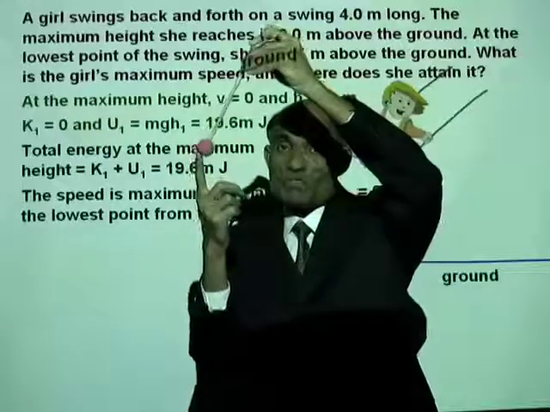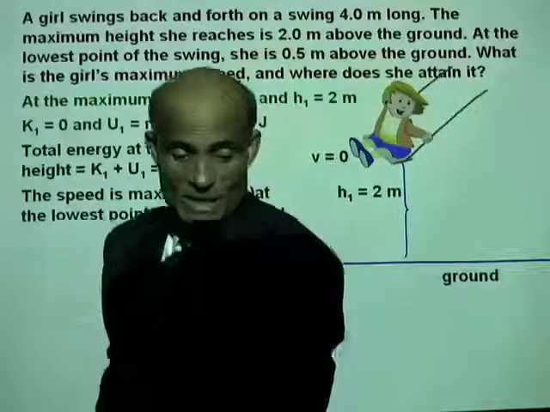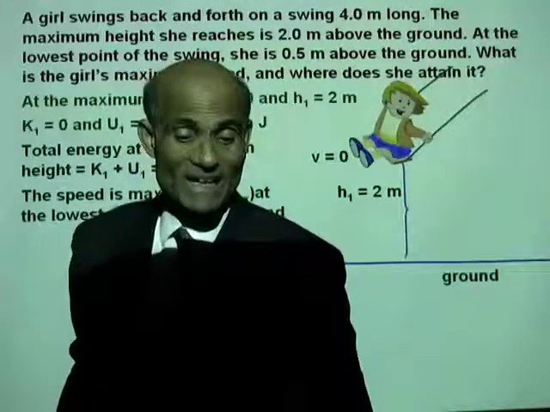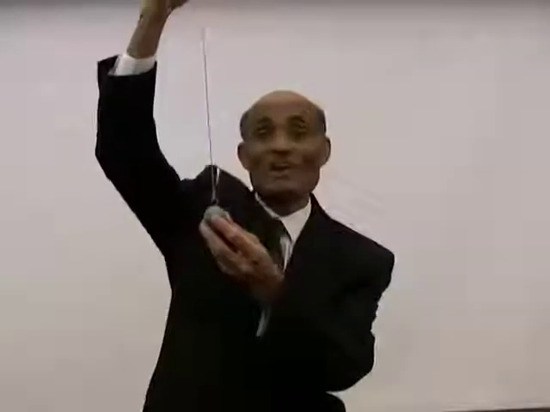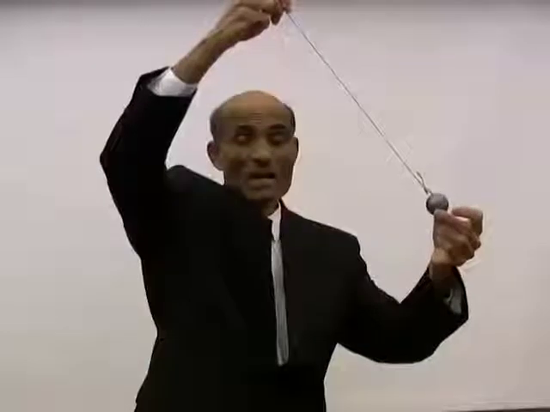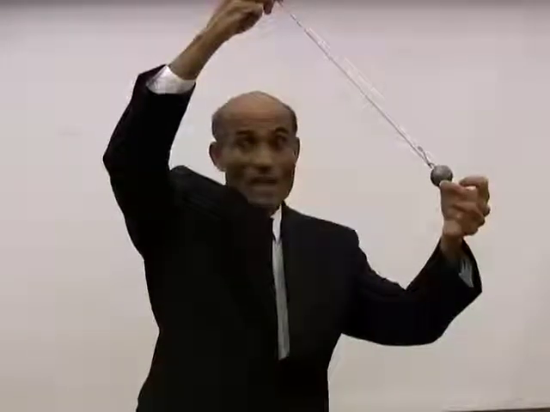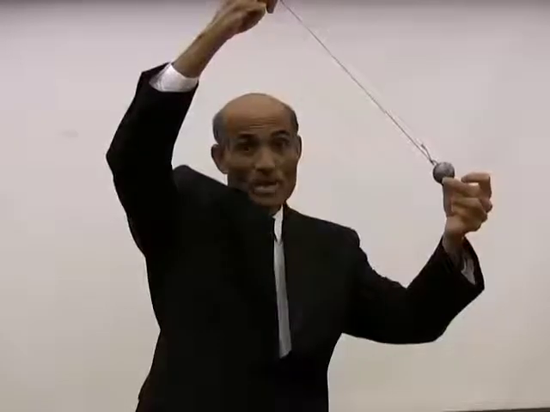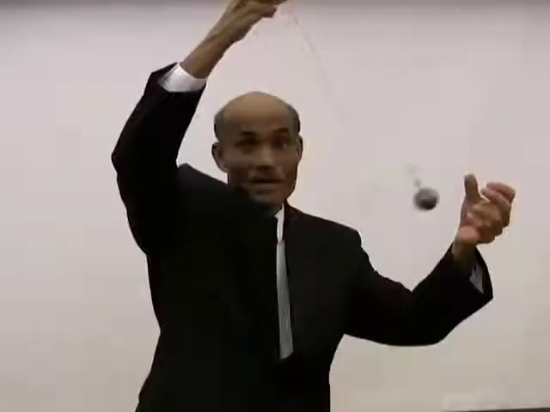When she reaches the lowest point, all that potential energy gets converted to kinetic energy. Now this is the case of the swing. If you pull it to one side, it has potential energy, and when you leave it, it falls, and you can see the energy conversion.